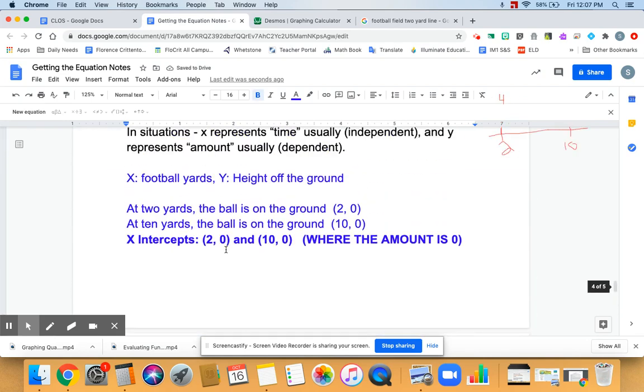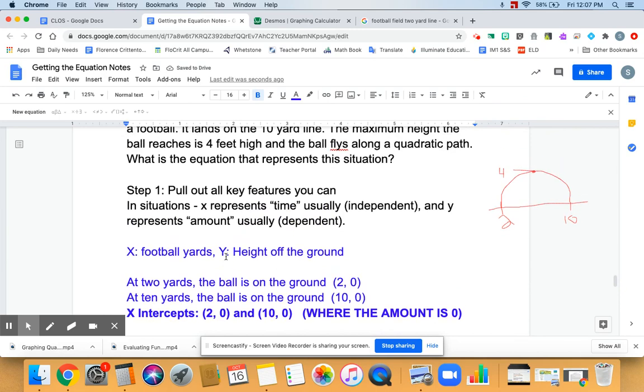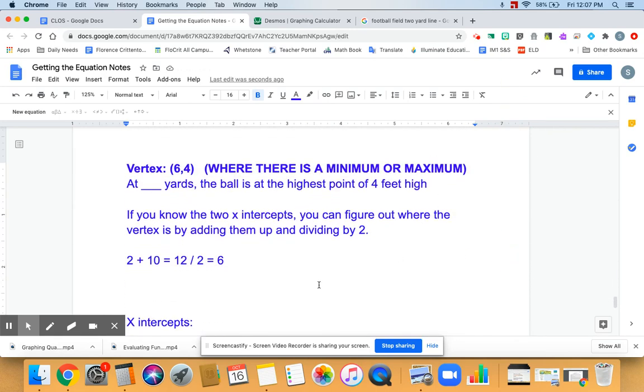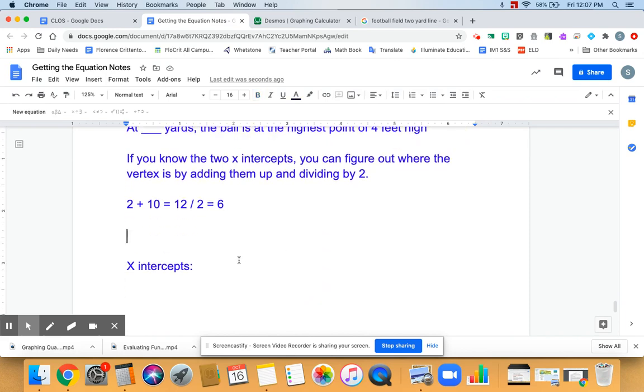And then they don't tell me anything about the y-intercept. In a real life situation, if x is 0, that means time is 0, meaning no time has gone by. So when no time has gone by, how much do you start with?